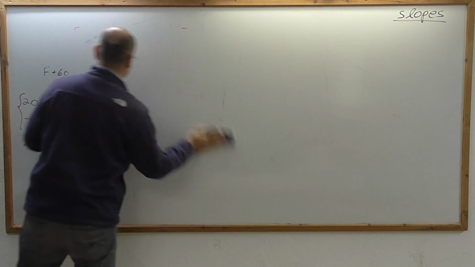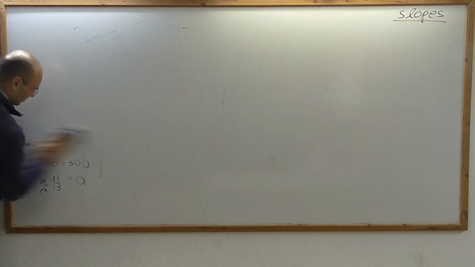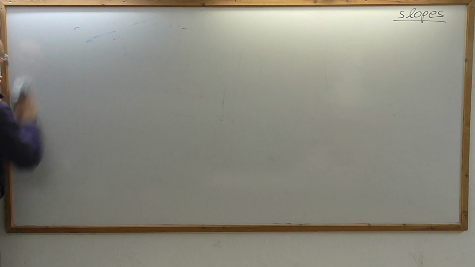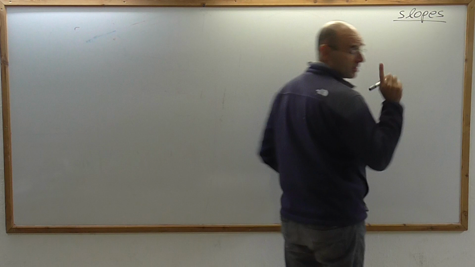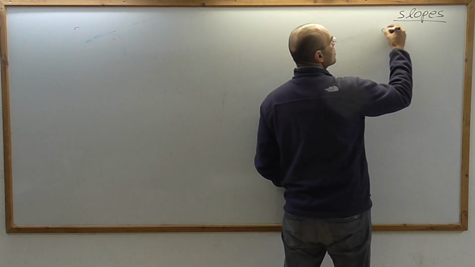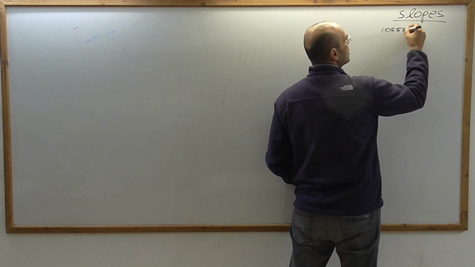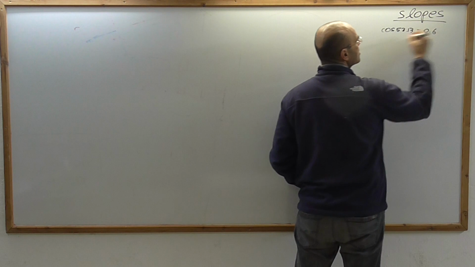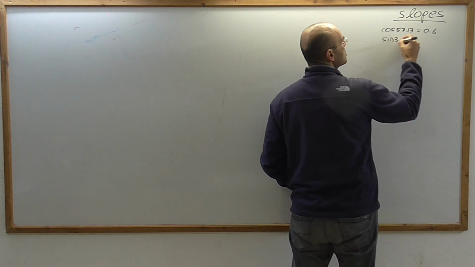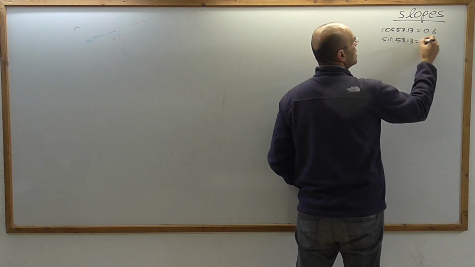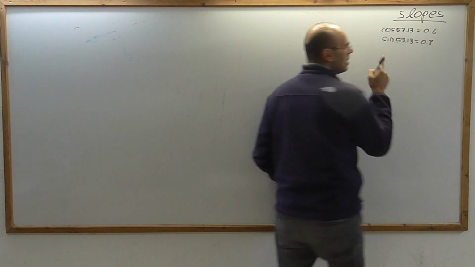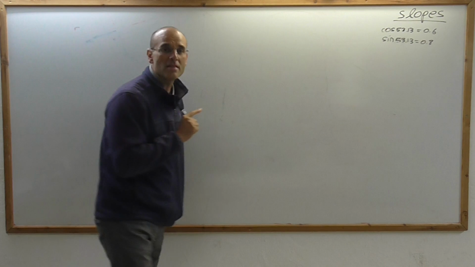Let's use another common angle. Cosine 53.13 is 0.6 and sine 53.13 is 0.8.